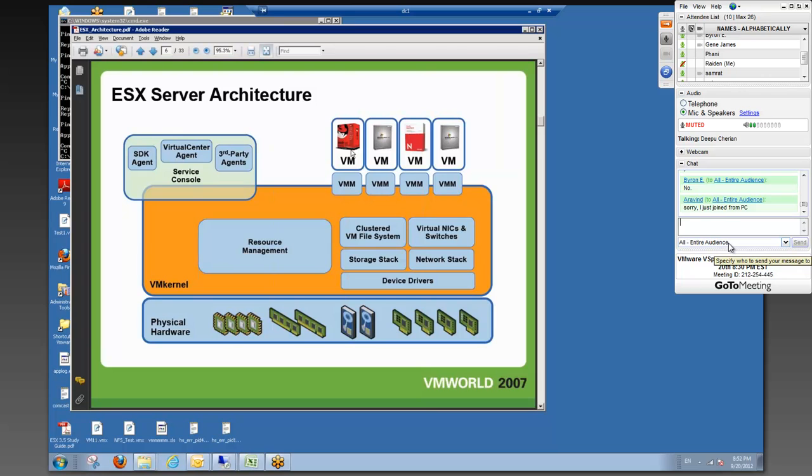Can I give 1 GB RAM to all these VMs? Is it possible? No. Why? Because this totals 4 GB, right? And the underlying hardware only has 2 GB. Is that what you're saying?